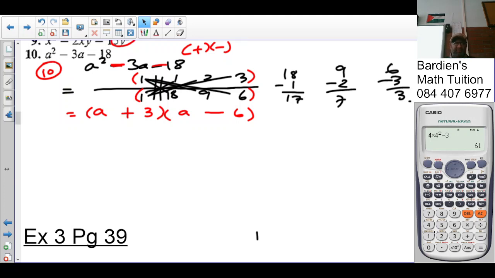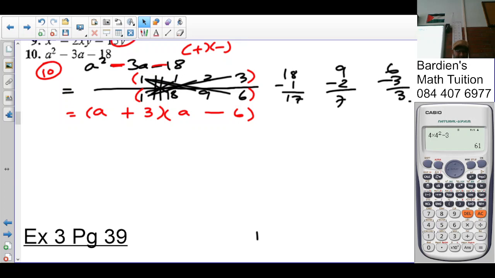Alright, so now we're going to look at mixed factorization. Now we're going to incorporate all that factorization in one. That's why it's called mixed.